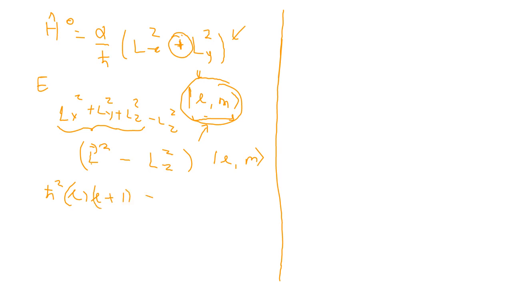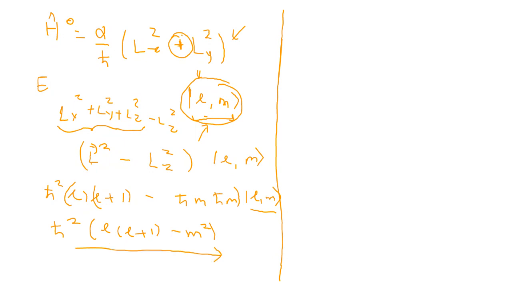Then Lz, as I did in the previous lecture for the Zeeman effect, when it acts on this gives you h bar m, and when it acts again you get h bar m again acting on L, M. So you get the same vector, but now multiplied by some number, which is h bar squared, L times L plus 1 minus m squared. It might be the other way around, but this is your eigenvalue, and these are your eigenfunctions.